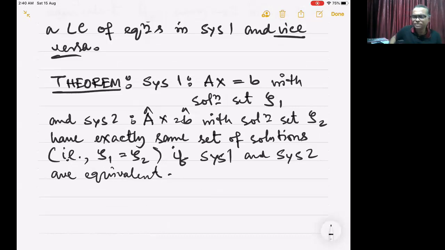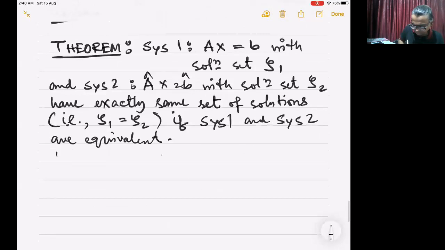Yeah, how do we prove this? Proof is in fact very simple. This is instructive. Whenever we have to prove that two sets are equal, the trick is to show that one set is containing the other.